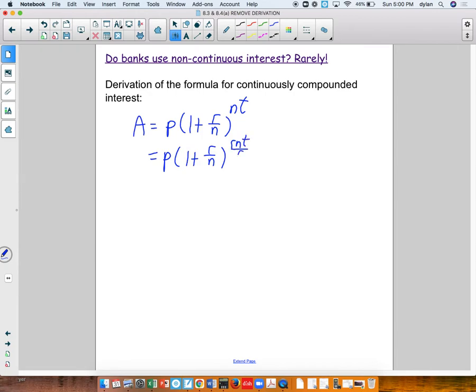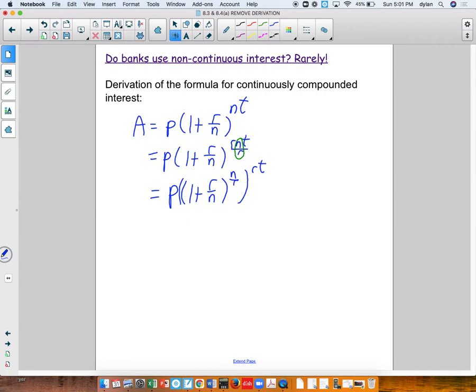Now we can rewrite this as p times 1 plus r over n raised to the n over r, which is then being raised to the rt. All I'm doing here is splitting this up and moving this piece of it into its own power, just using the power to a power rule backwards.